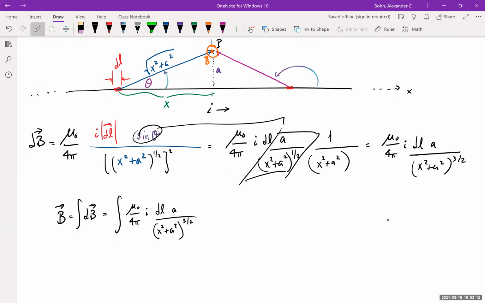Let's say we're going from negative B to B. Or, I don't know, negative L over 2 to L over 2, or whatever.